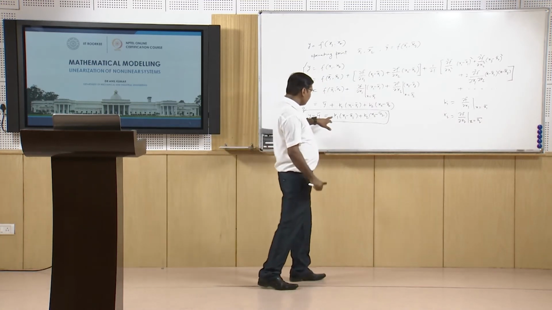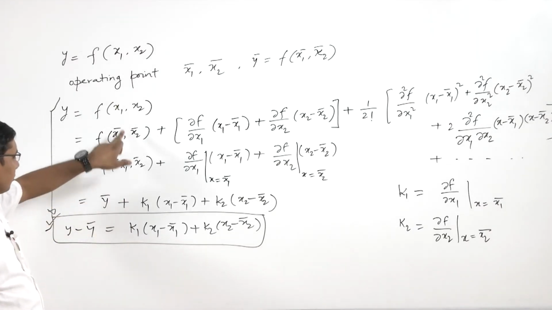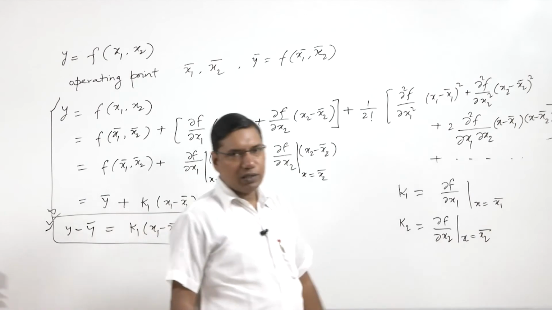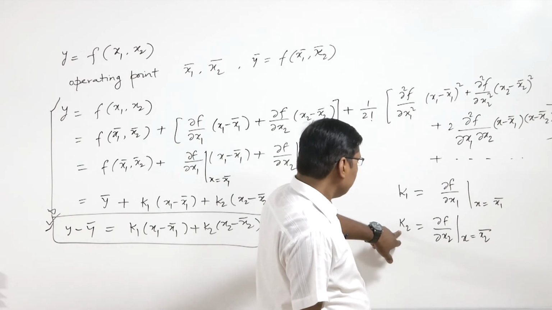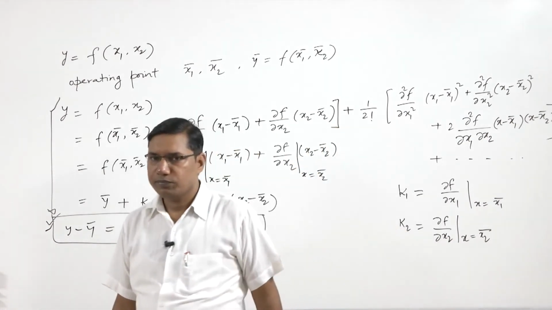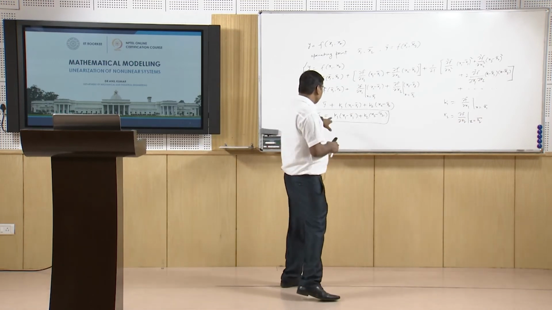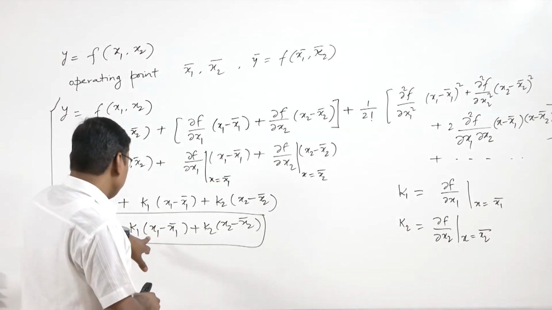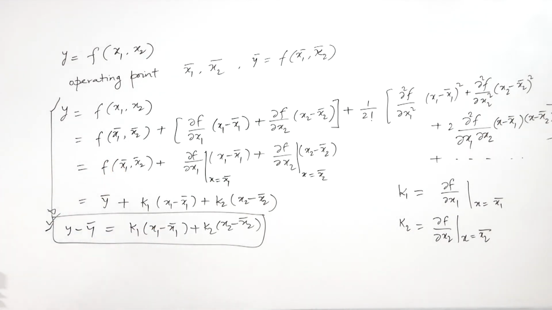We calculate the partial derivative of this function with respect to x1, and we find the value at x1 bar, and then the partial derivative k2, that is del f by del x2 at x2 bar, and we can put these values here and we can find the output y for any input values x1 and x2.